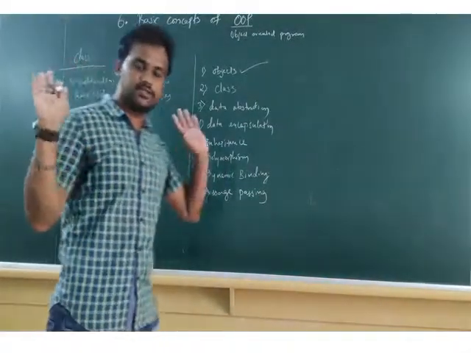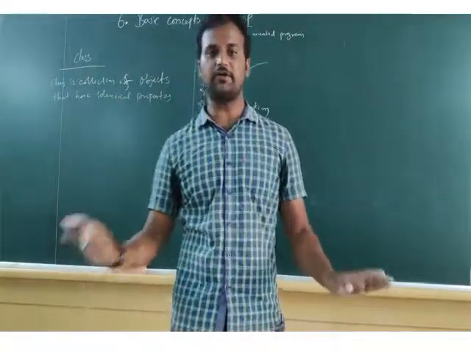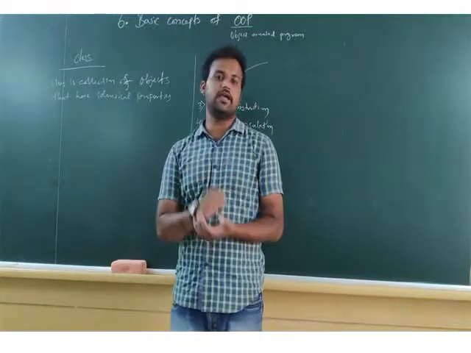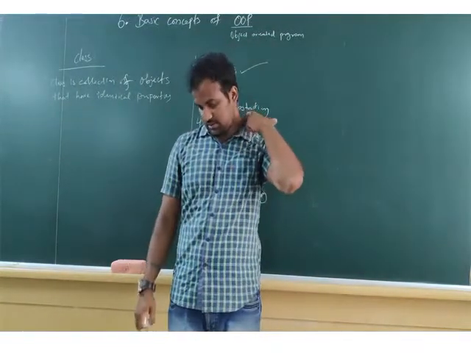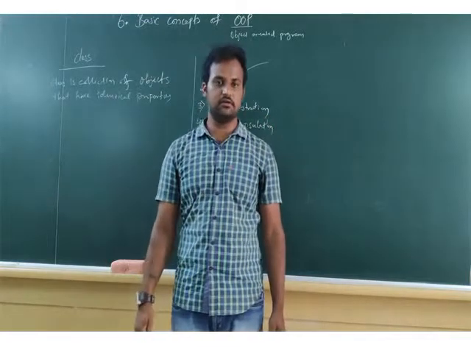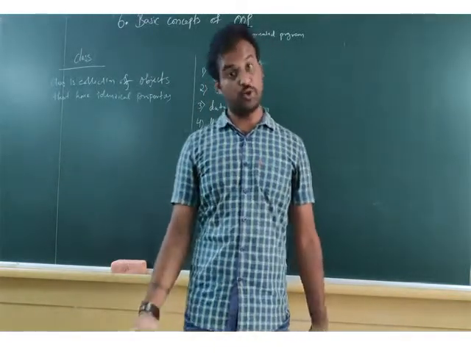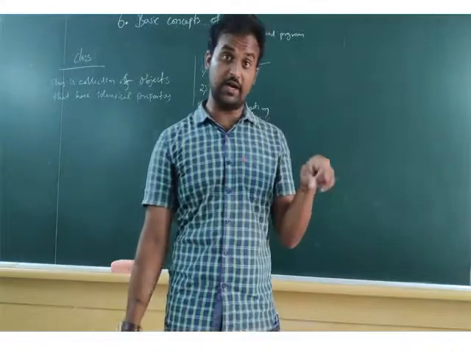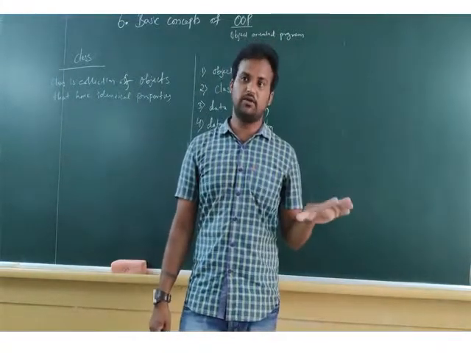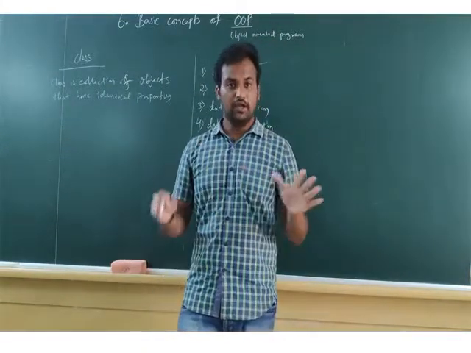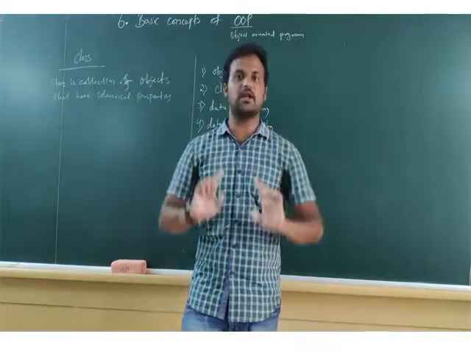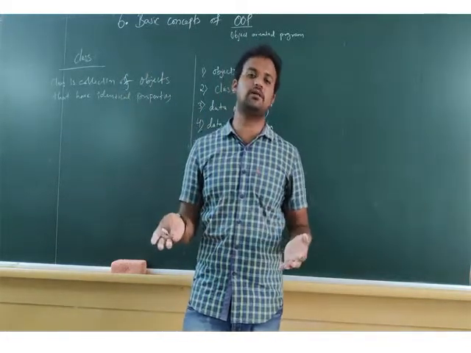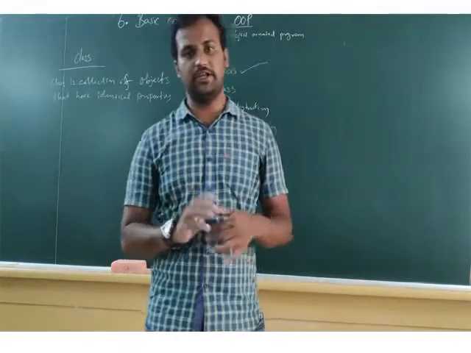For example, take this class where I am standing right now. What are the identical properties I have? We have benches, we have chairs, we have students. Students are all identical, meaning the same. If you are sitting in a particular class, all of you are in the same class, for example, second PU D section.